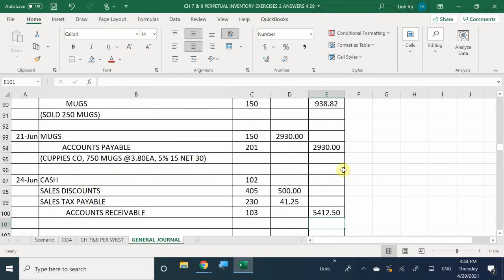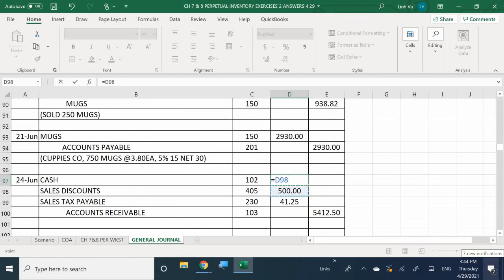Good. So if that's what he truly owes me, then how much cash did he pay after the discount? That would be $5,412.50 minus the discount, minus the tax.